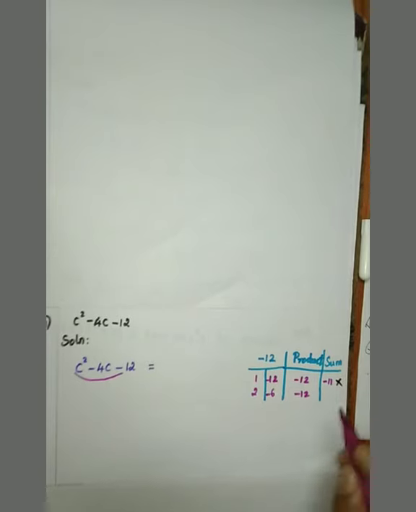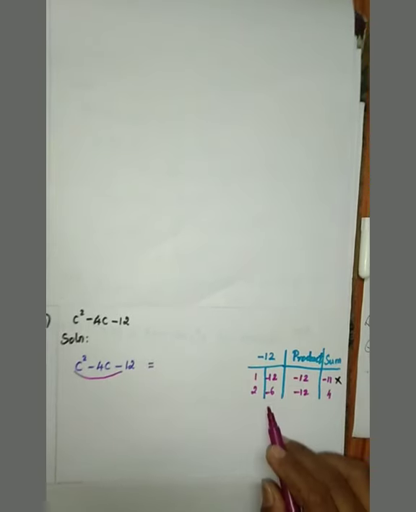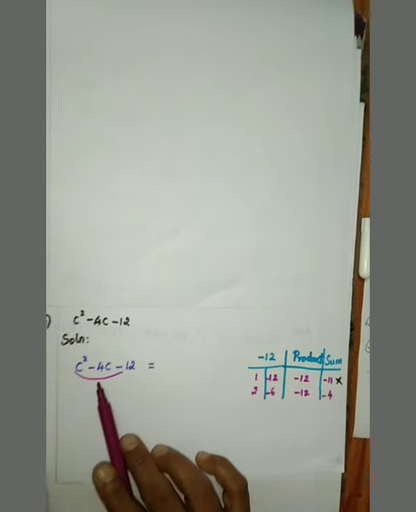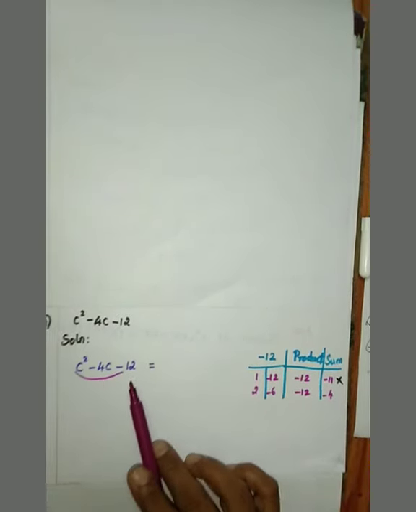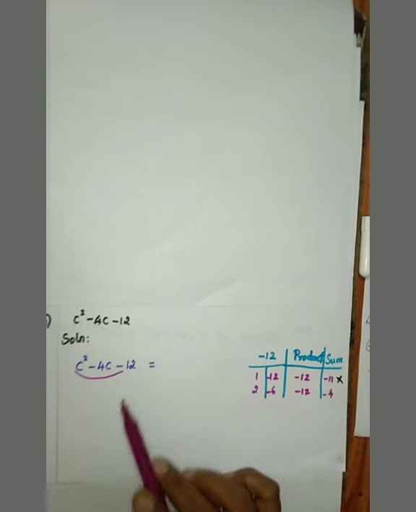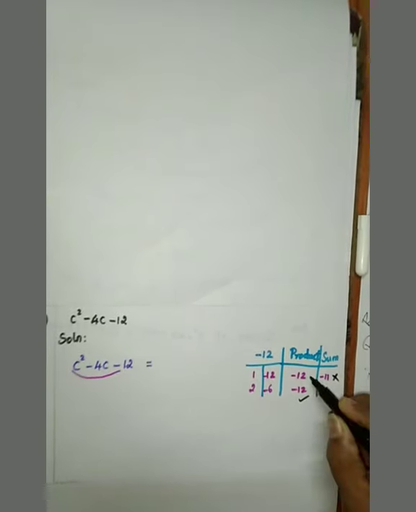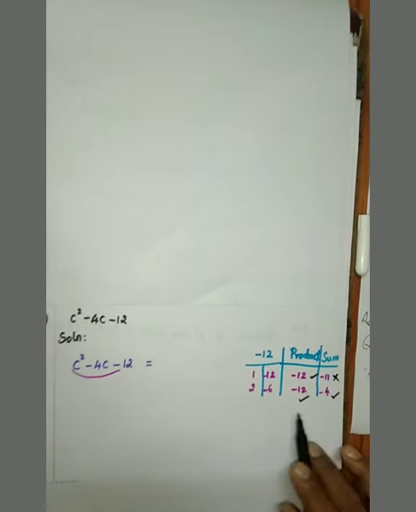So 6 minus 2 is 4. Greater sign is minus. Now look at this. The middle term is the sum of the terms and the last term is the product of the terms. So we have got the product is minus 12 and the sum is minus 4. So we have got the terms correctly.